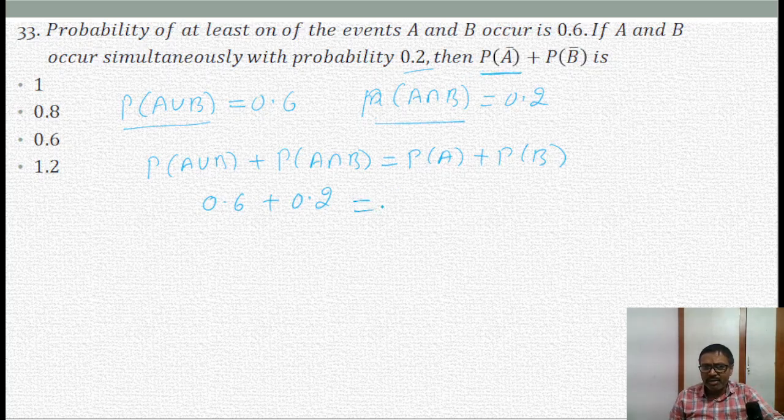We have the result. Probability of A can be written as 1 minus probability of A complement, plus probability of B can be written as 1 minus probability of B complement.